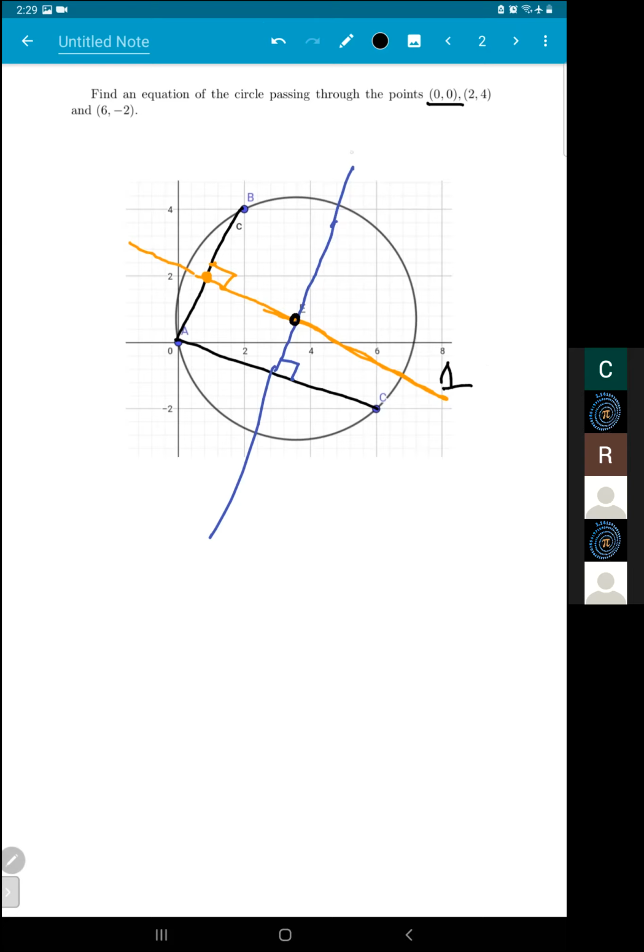Equation 1, then ito, equation 2. Doon naman yung coordinates A, B, C. Then solve. Once you have the 2 equations, solve the resulting system. Okay, so 10 minutes.